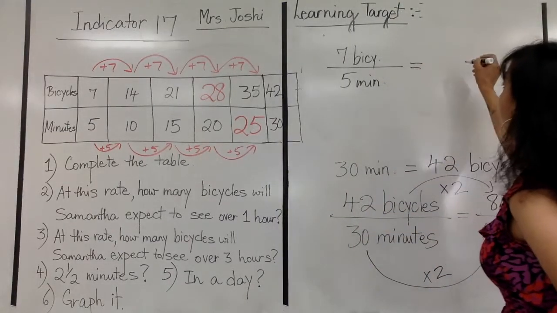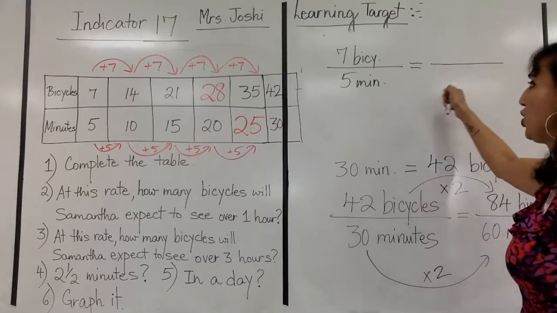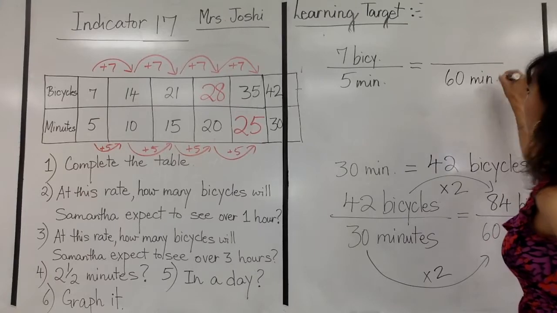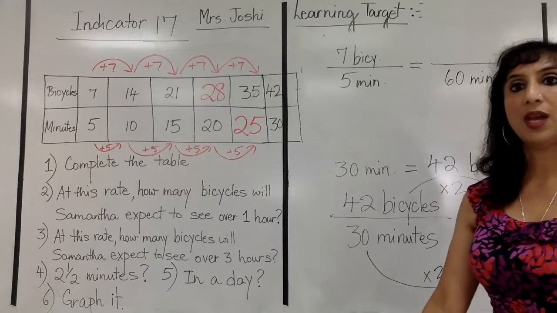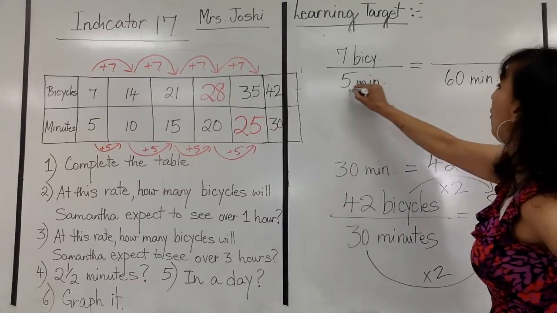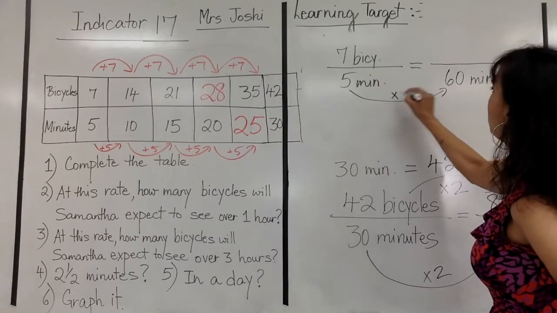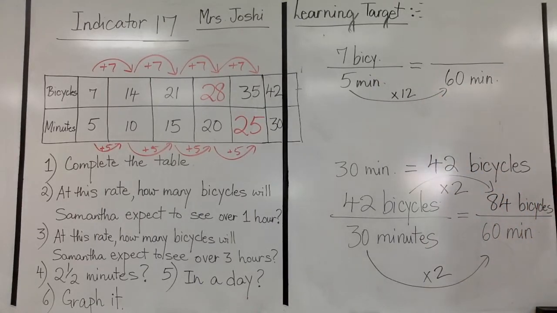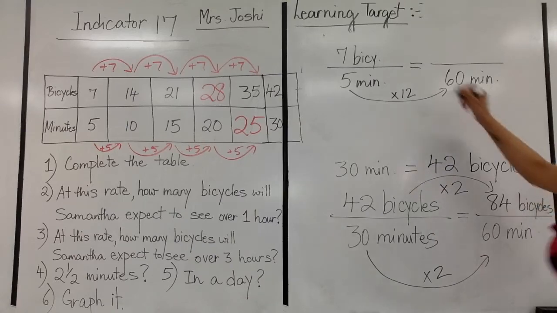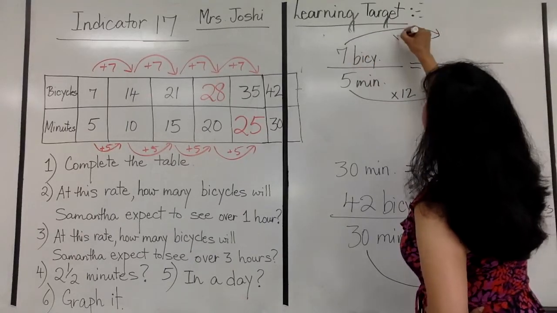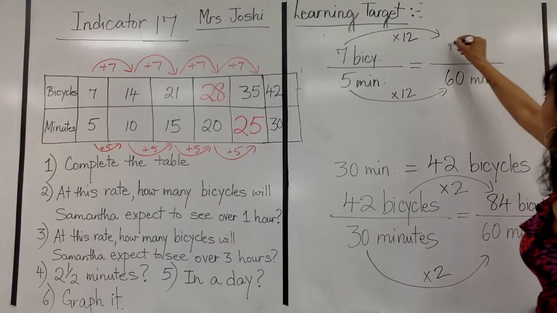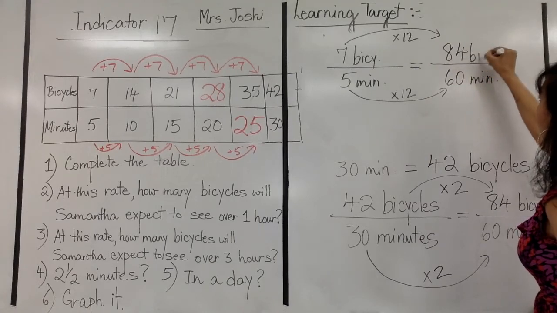So I am going to make an equivalent ratio, because I need my denominator as 60 minutes. 5 times 12 gives me 60, so 7 times 12 would give me the missing value, which is 84 bicycles.